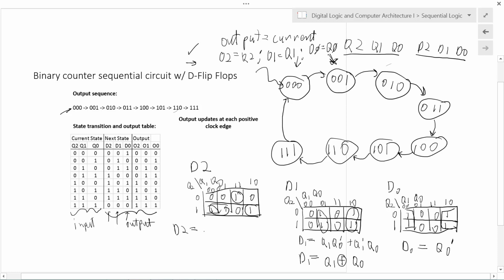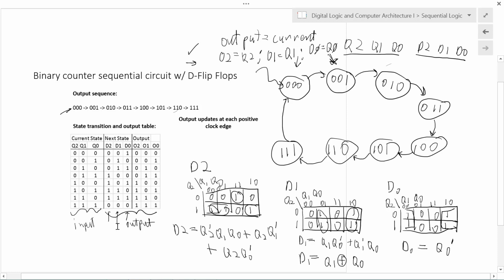D2 equals Q2 prime Q1 Q0, or Q2 Q1 prime, or Q2 Q0 prime. And we have our Boolean algebra equations.